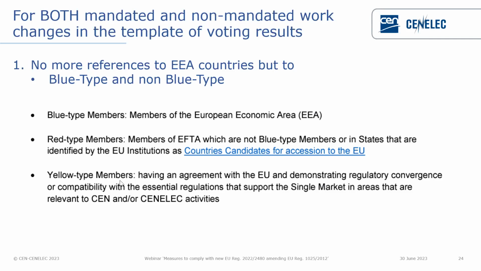The only yellow type is the UK, which went out from the European Union, so it cannot be considered as red type, but still they have an agreement with the EU demonstrating regular convergence. So 29 are blue type, 4 are red type, and 1 is yellow type. And this is not, of course, something that we decide in BT. It comes from Internal Regulations Part 1.